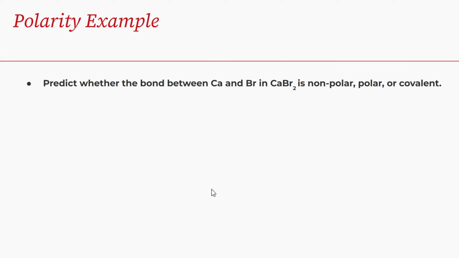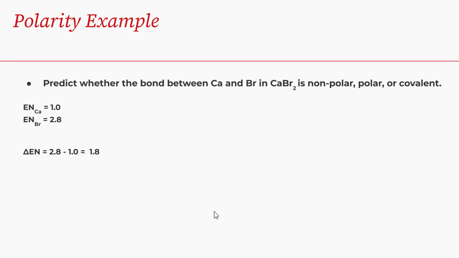Another example, predict the bond between calcium and bromine in calcium bromide. Is it nonpolar, polar, or ionic? Well, calcium has an electronegativity of 1, and bromine has an electronegativity of 2.8.